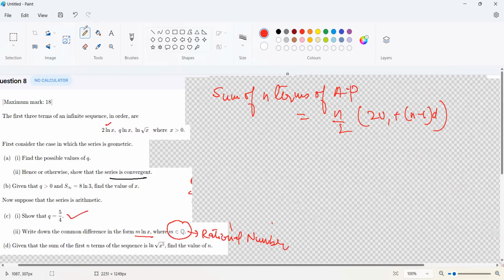So it is n by 2, 2 times u1 is 2 ln x, plus n minus 1 times d. What was d? You remember, d was negative 3 upon 4 ln x.